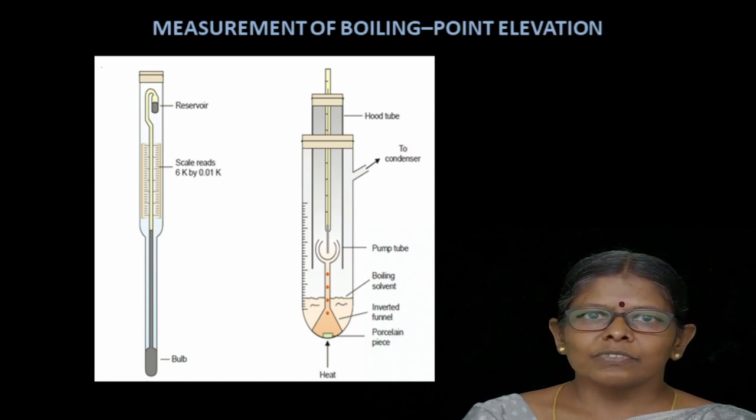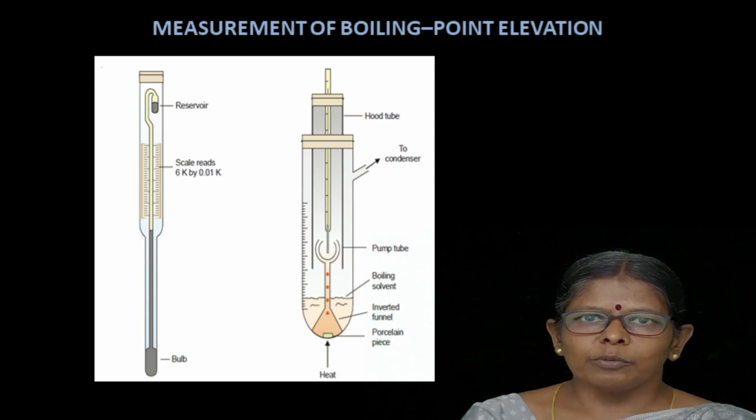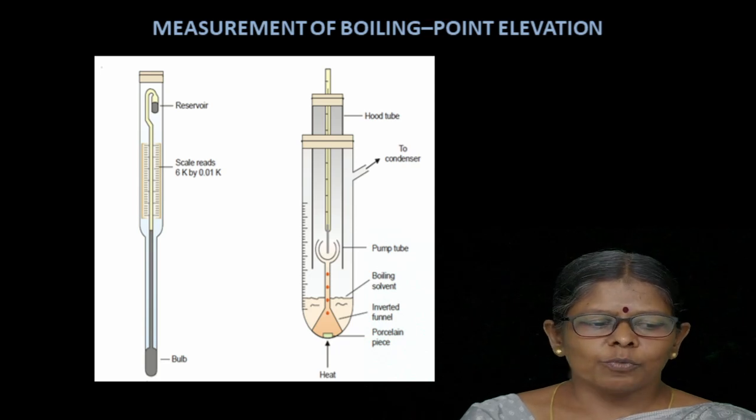The reading we have recorded is not the temperature itself, but the difference in temperature between the boiling point of the solvent and the boiling point of the solution, which is nothing but the elevation of boiling point. Therefore, using the Cotrell's apparatus, we can determine the elevation of boiling point.